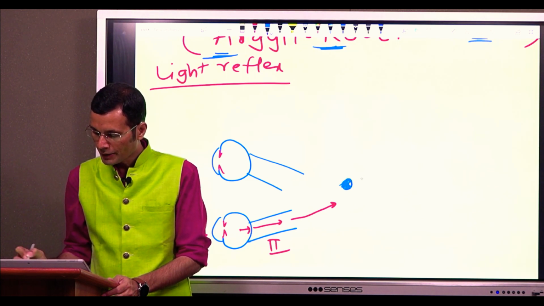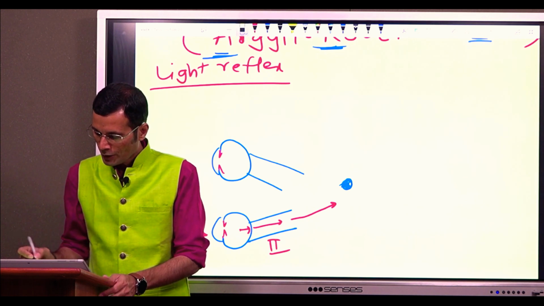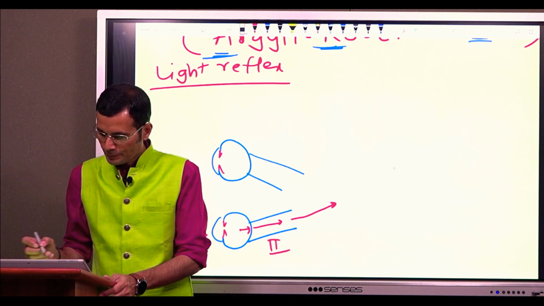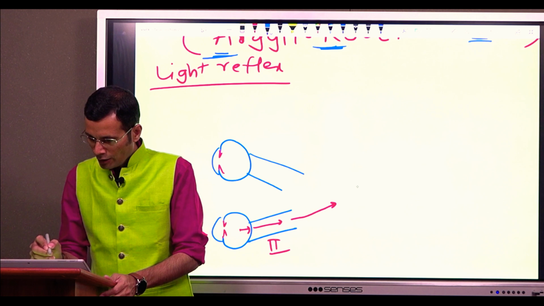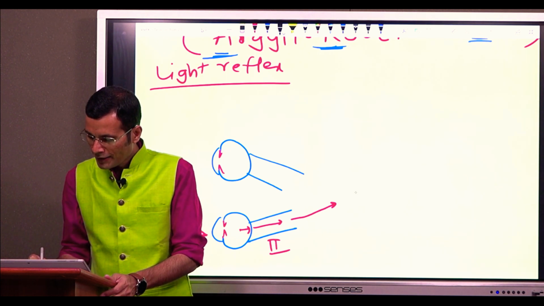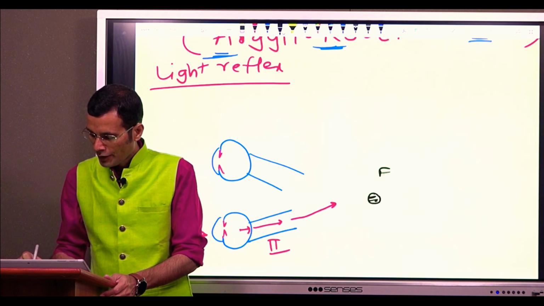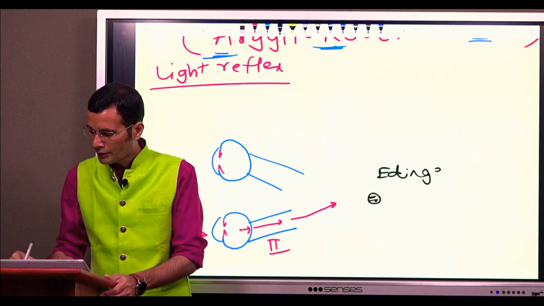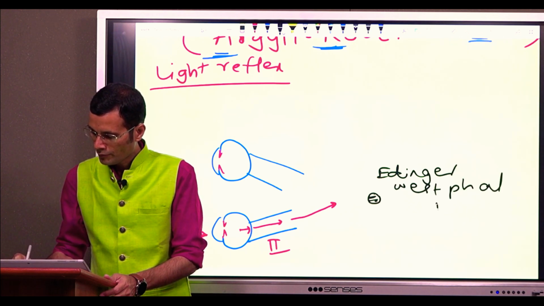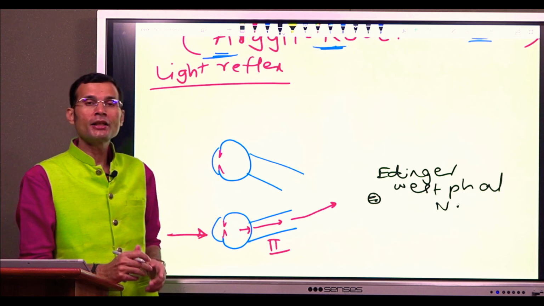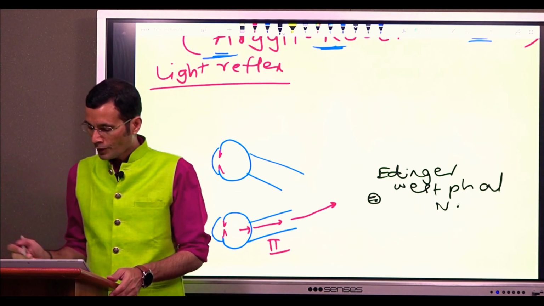Let's draw it diagrammatically over here. The third nerve nucleus is called the Edinger-Westphal nucleus. I'll just draw it here. Edinger-Westphal nucleus of the third cranial nerve, oculomotor nerve.